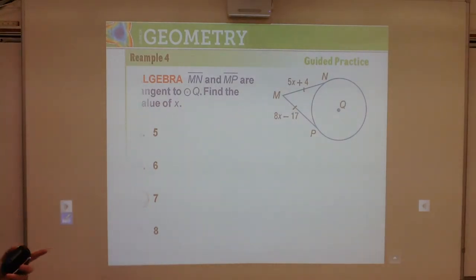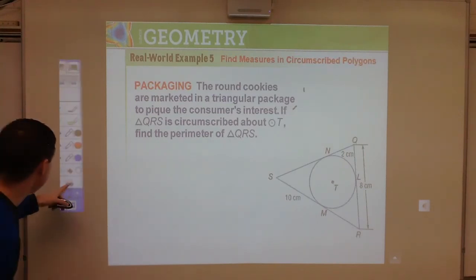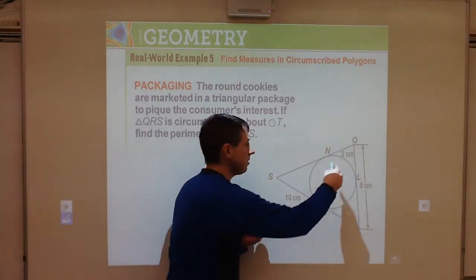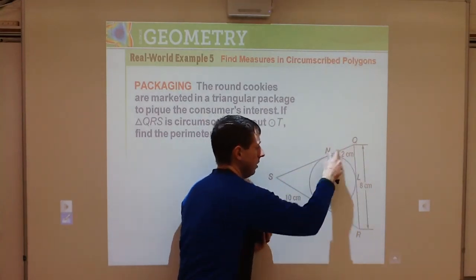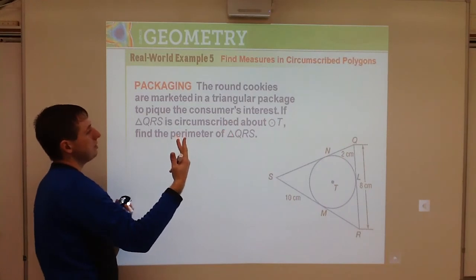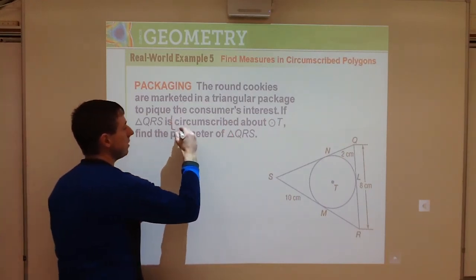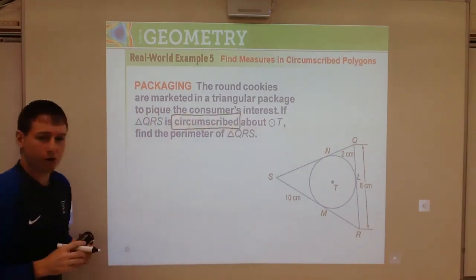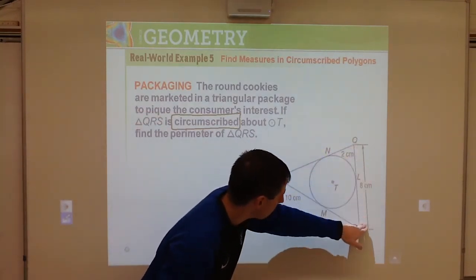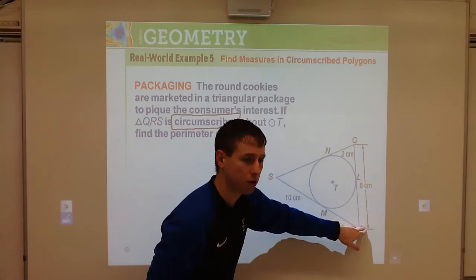Pretty simple. Okay, now the last type of picture we're going to see is a picture kind of like this. So what we have is this triangle on the outside of the circle. And a word that we haven't used much yet this chapter is circumscribed. So this triangle QRS is circumscribed around the circle.